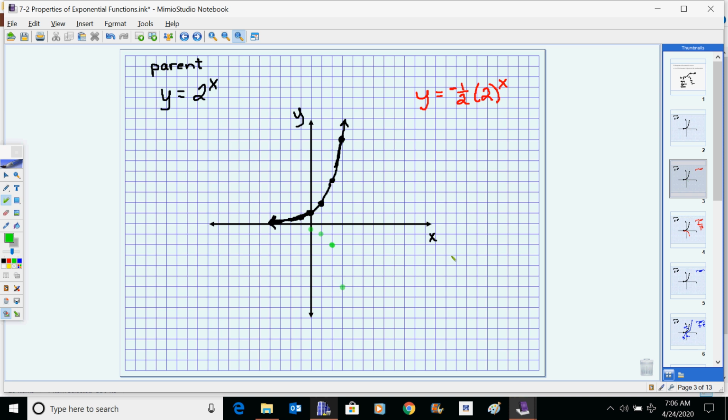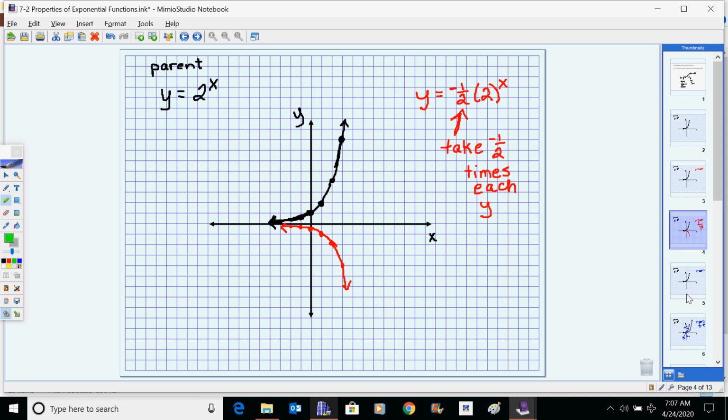So what you have afterwards is a graph that's continuing to do those things, but it's not as abrupt because it was cut in half. Okay, but it's exponential, which means it's going to start getting abrupt again after a certain amount of time. And it does flip over, so it's headed the other direction.